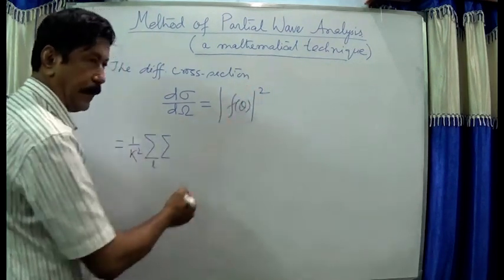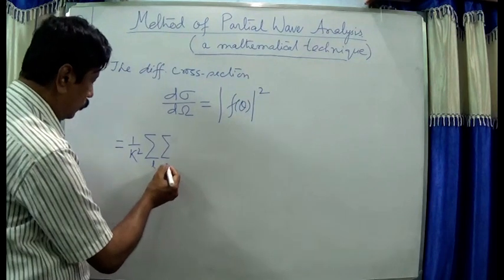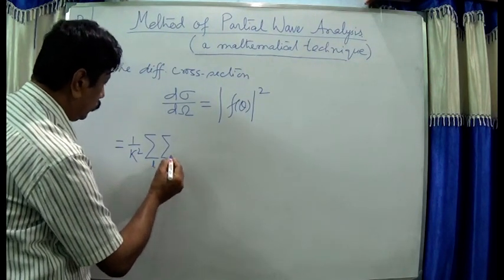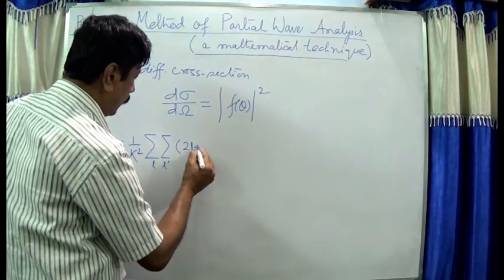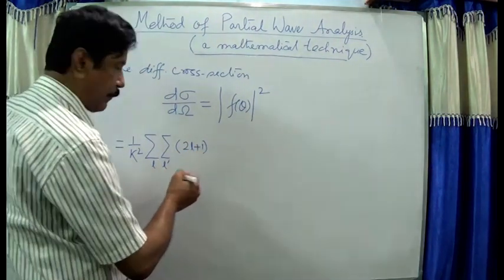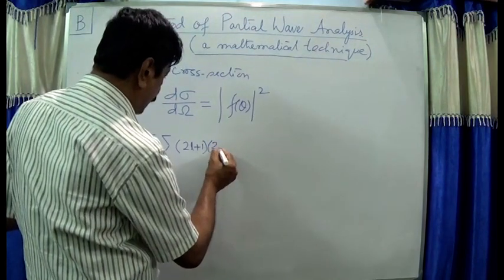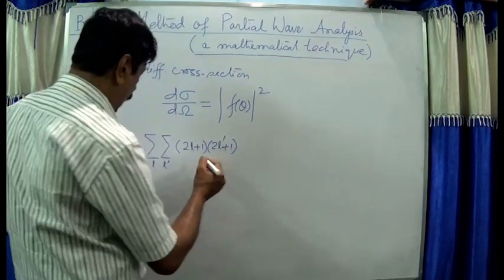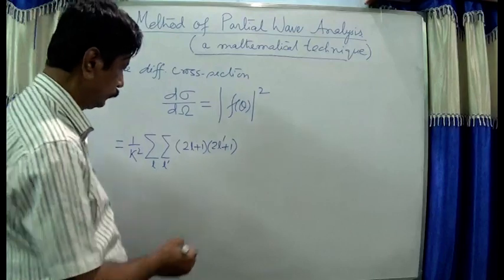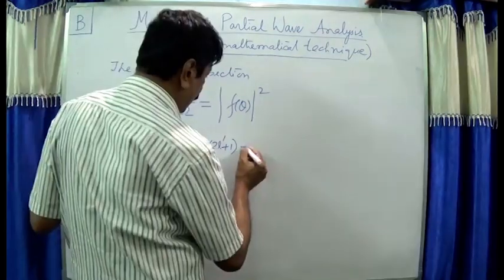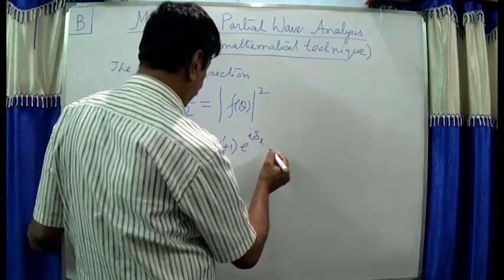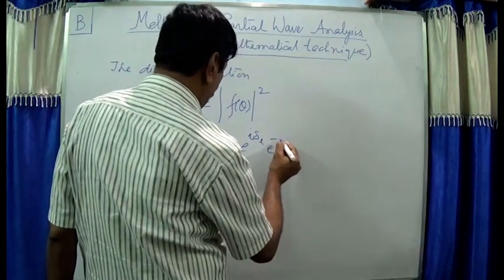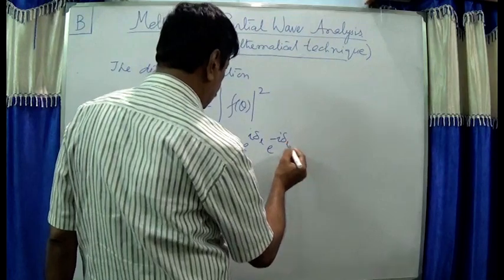Since it's a square, we have to take two summations, into (2L plus 1) for one type of L and (2L prime plus 1) for the other type of L, into e to the power i delta_L, e to the power minus i delta_L prime.